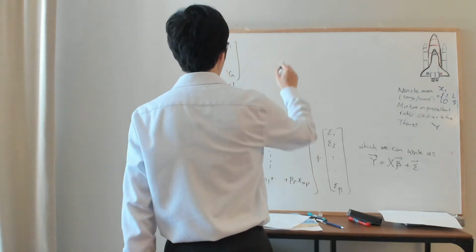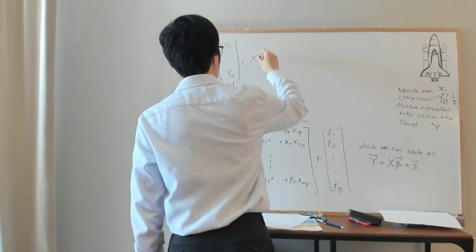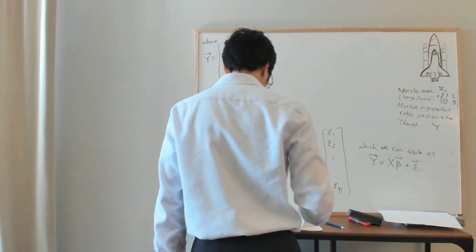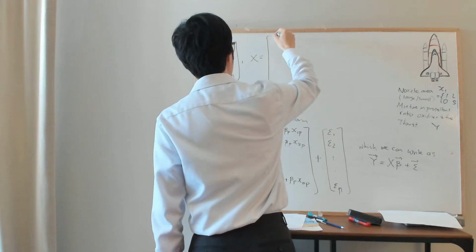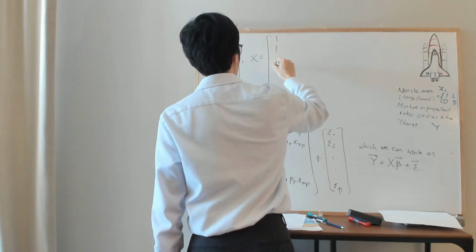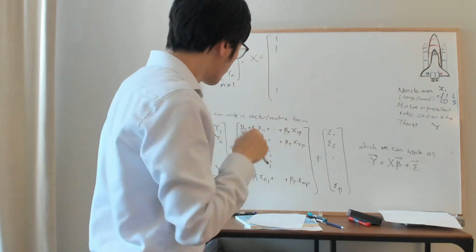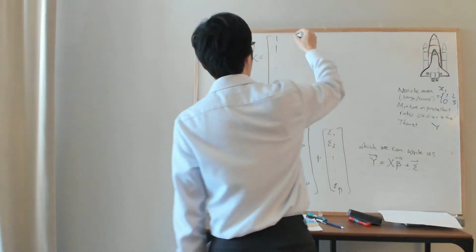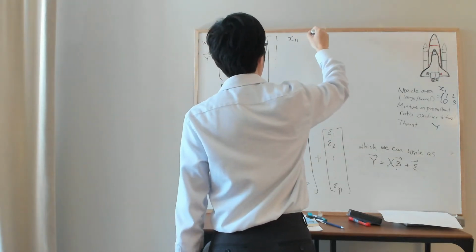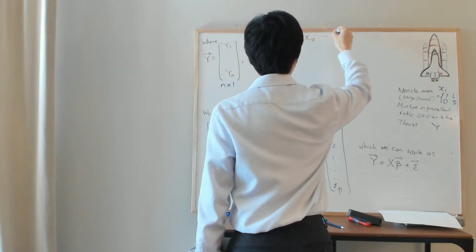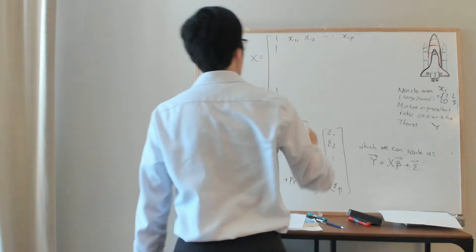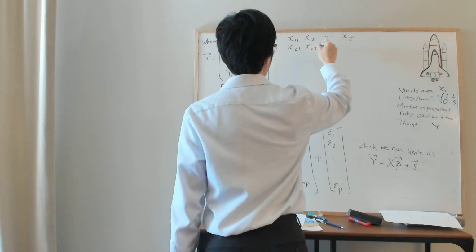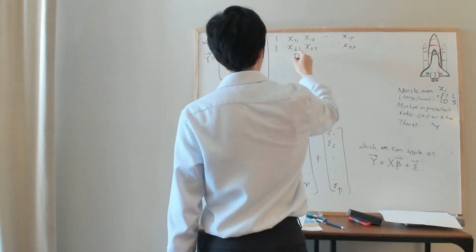So what is X? X has this form. The first column is just ones, 1, 1, to 1. And then the rest of it is the entries of the predictors: x11, x12, up to x1p, and the same for the second observation, x21, x22, to x2p.